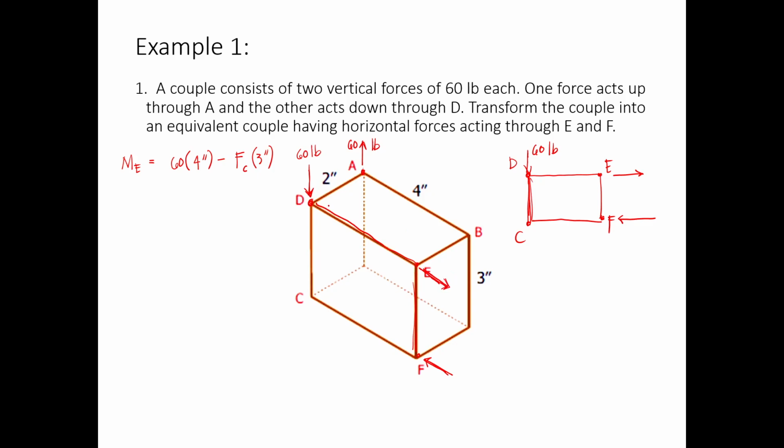From vertical at points A and B, it becomes the equivalent horizontal at points E and F. So if we take the moments of the two couples, it should be equal to 0. So 0 is equal to 60 times 4 minus F sub C times 3 inches.